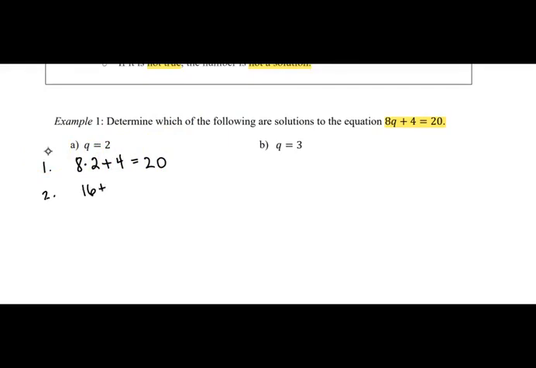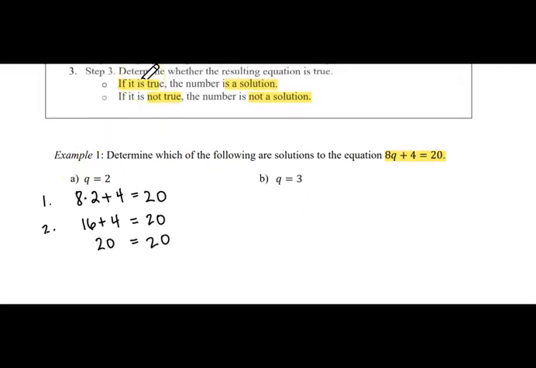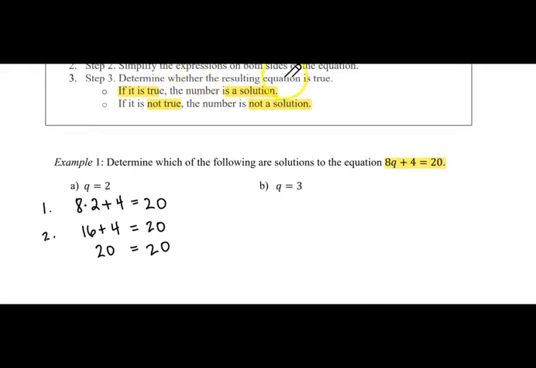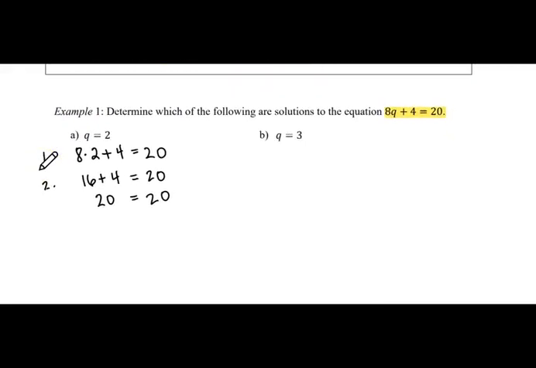So I have 20 equals 20. Once I've simplified it, my step 3 is to determine whether the resulting equation is true. I have 20 on the left and 20 on the right. So the resulting statement is true. That means q equals 2 is a solution.